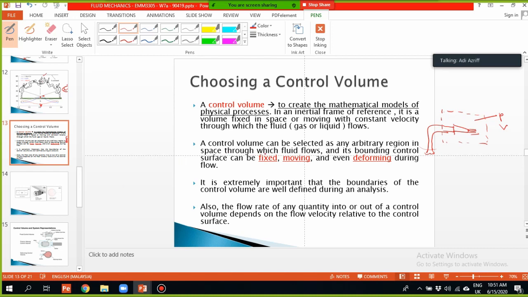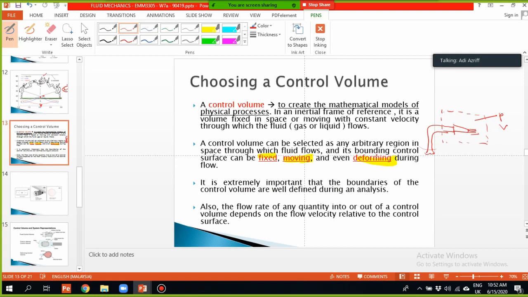A control volume can be selected as any arbitrary region in space through which the fluid flows, and its bounding control surface can be fixed, moving or deforming. So you have three types of control volume: fixed control volume, moving control volume and deforming control volume. It is extremely important that the boundaries of the control volume are well defined during an analysis.